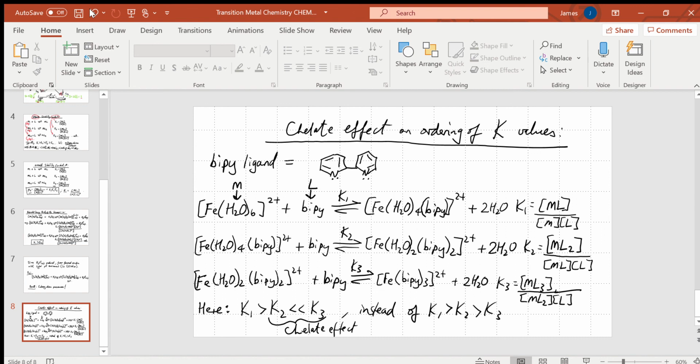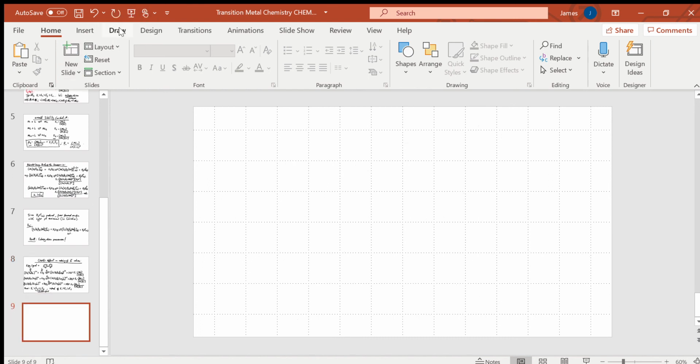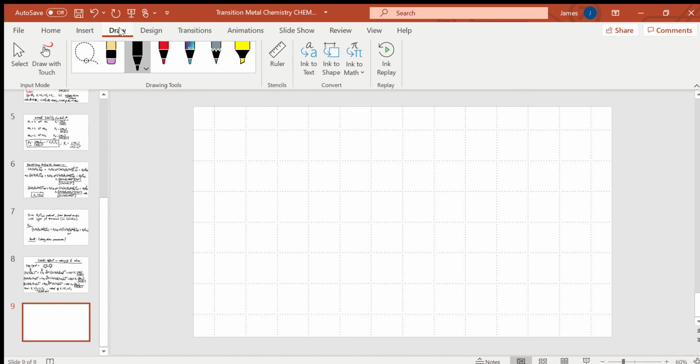So let's see if we can understand what's going on with this chelate effect. Okay.